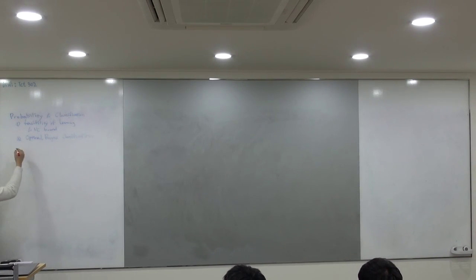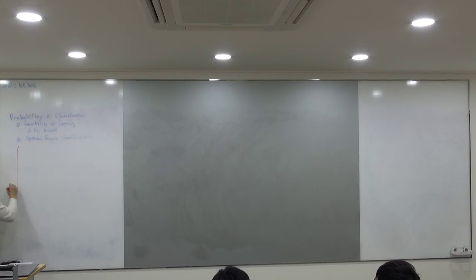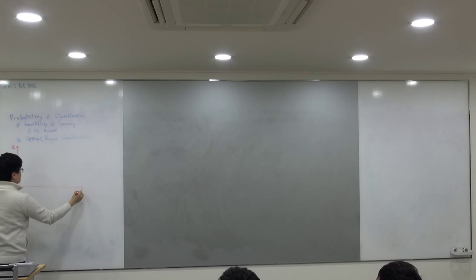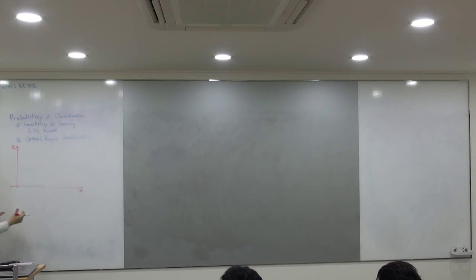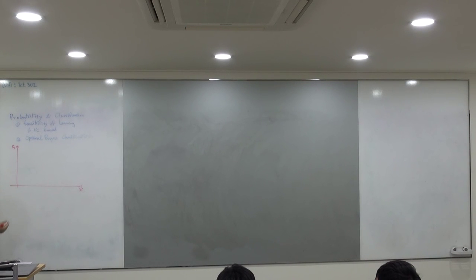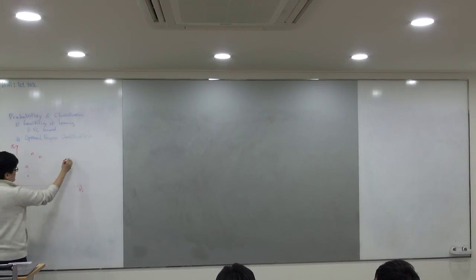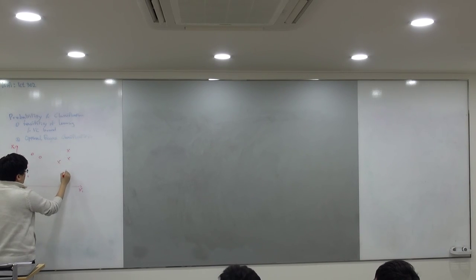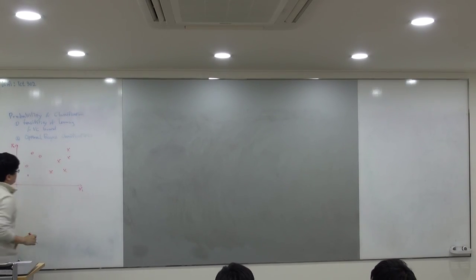to time. So, firstly, if you think about two-dimensional data, which means you have two features, and the classification is like this. You have two kinds of labels.